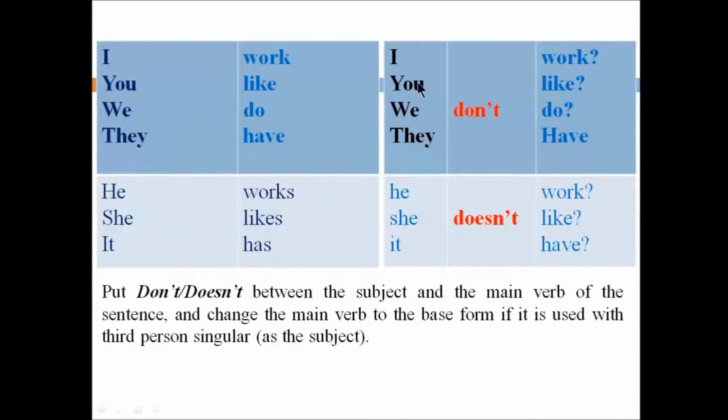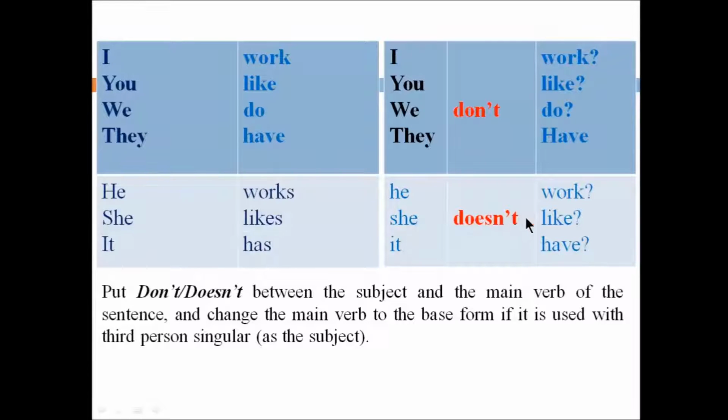We, you, they don't work, like, do, or have, etc. But what you have to remember, it is very important to know that when you put doesn't, you use it with the third person singular. And one more thing to remember, don't forget the s over here.